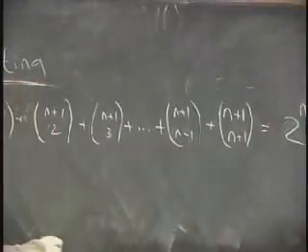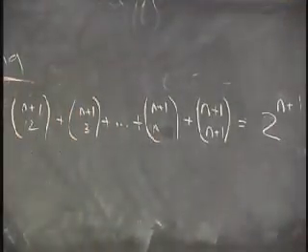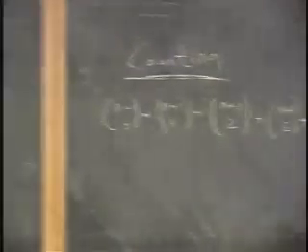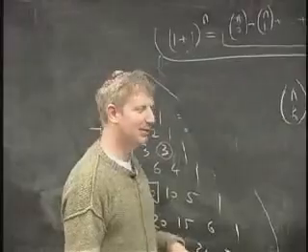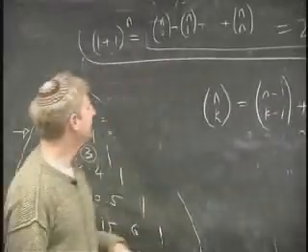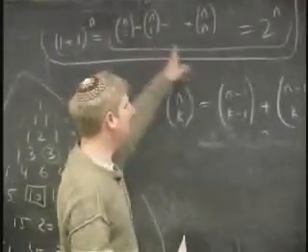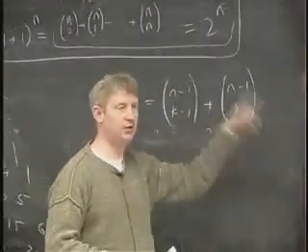Oh, and now I'm missing a term. There we go. The wonders of chalk. High tech. All right. What's next? We want to get from here to here, or from here back to here. Some connection between these two.